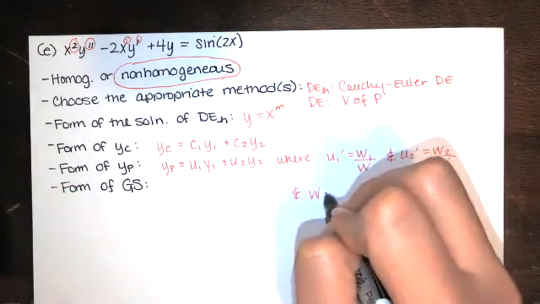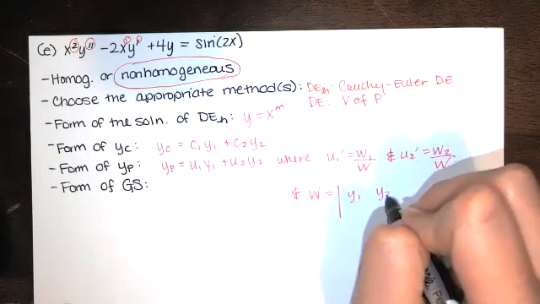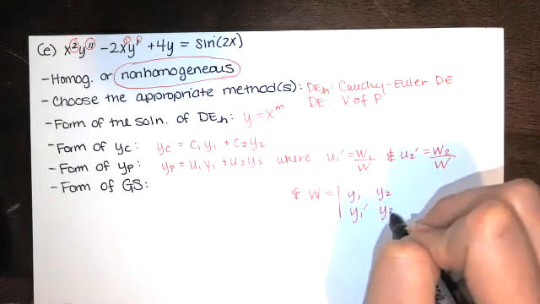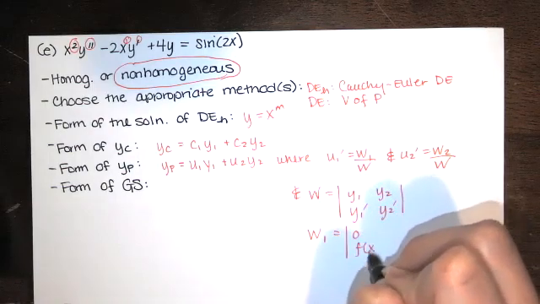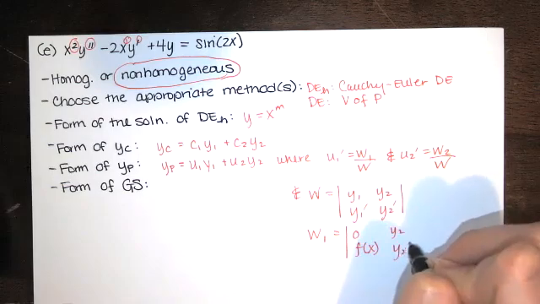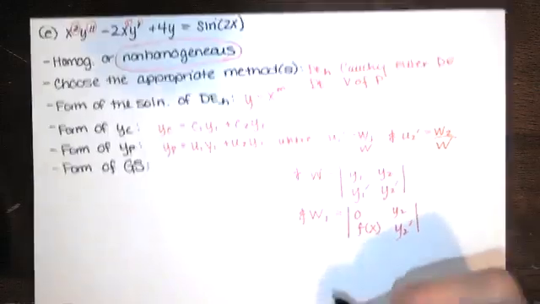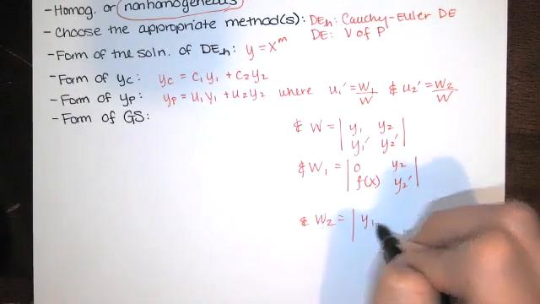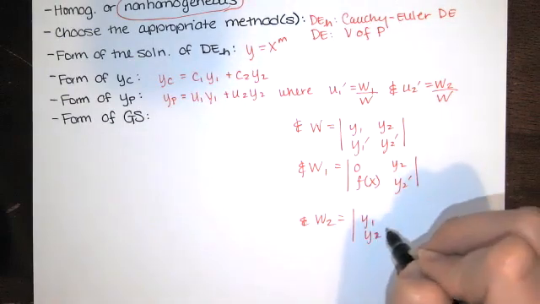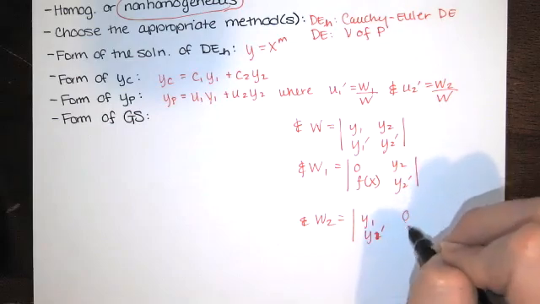And the w's are found this way. You take the Wronskian of y1 and y2. You replace the first column with 0 and f of x for W1, and you replace the second column with 0 and f of x to find W2. Oops, it should be a prime.